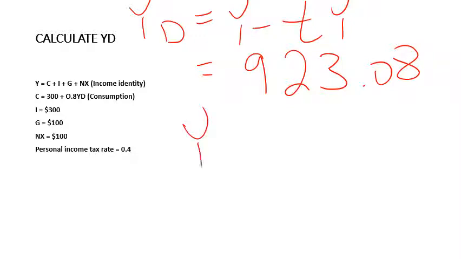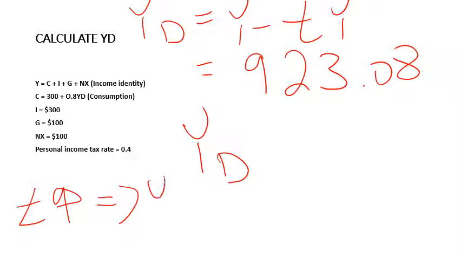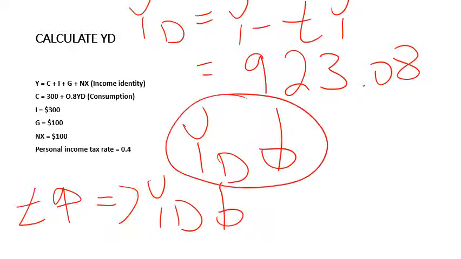So our mathematical conclusion verifies our conceptual conclusion that if we increase the tax rate from 20% to 40%, then YD will go down. So that's the answer, YD decreasing from the initial $1,777.78 billion to $923.08 billion.